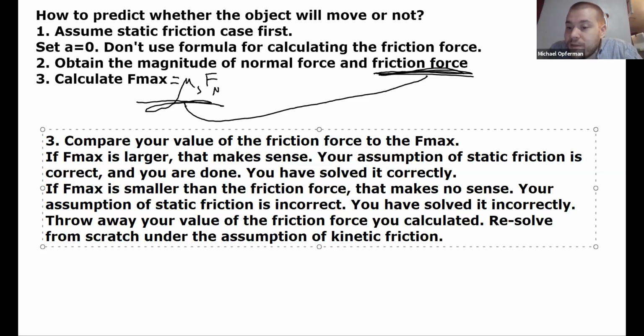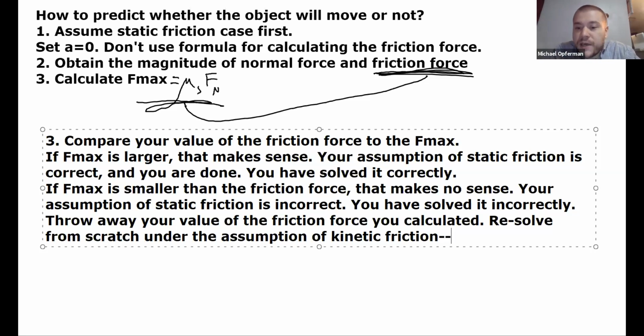So you basically proved that it can't be static friction, so therefore it must be kinetic friction, and then you redo the problem. It's not as bad as it sounds, because if you are careful about how you solve the problem and write out all your work, you'll find there's only a little bit of your work that needs to be changed for the assumption of kinetic friction. Sometimes you only need to change a few lines in your algebra, scratch out a few lines and replace them with something else. Generally, the normal force you calculated is still okay because it's perpendicular to the friction force, so it doesn't affect the parts that need to be changed.